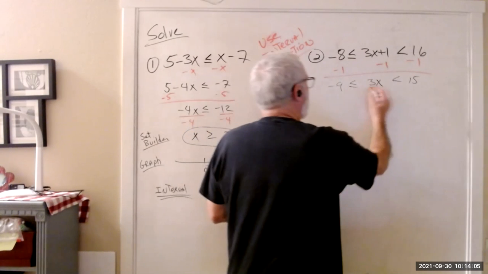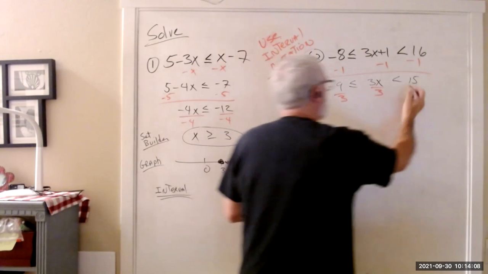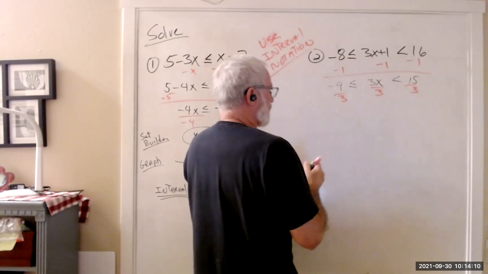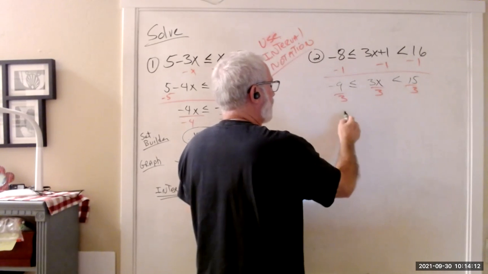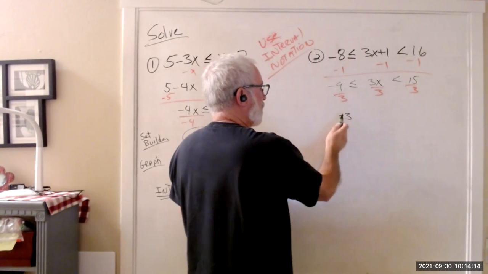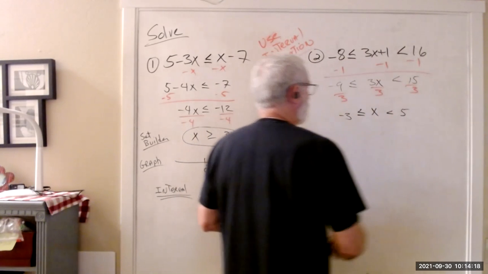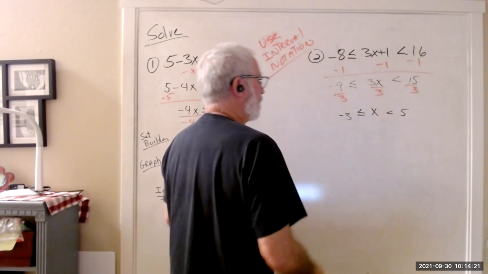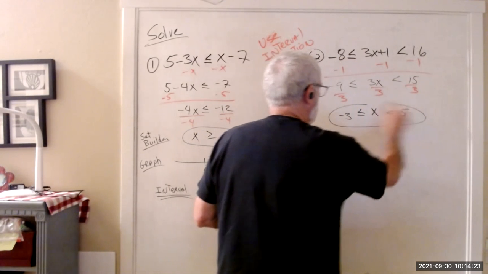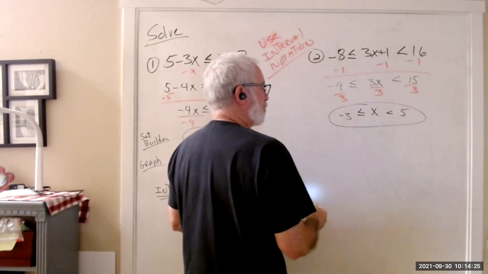Okay. Divide everybody by 3 because you want to get x alone. So this is negative 3. 9 divided by 3 is less than or equal to x is less than 5. Again, this would be called set builder notation.